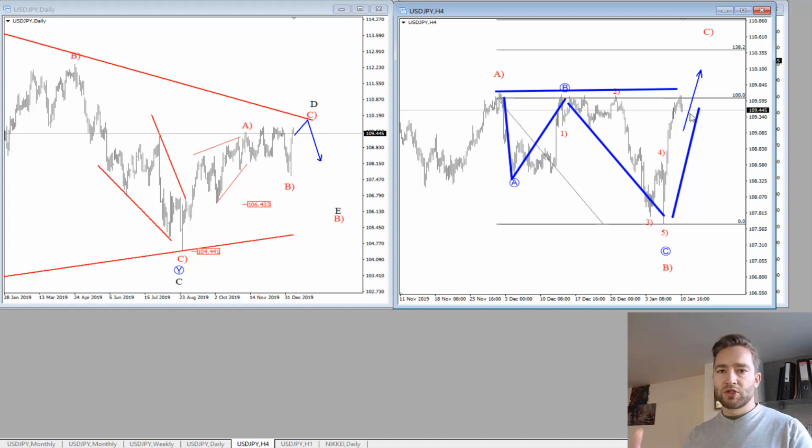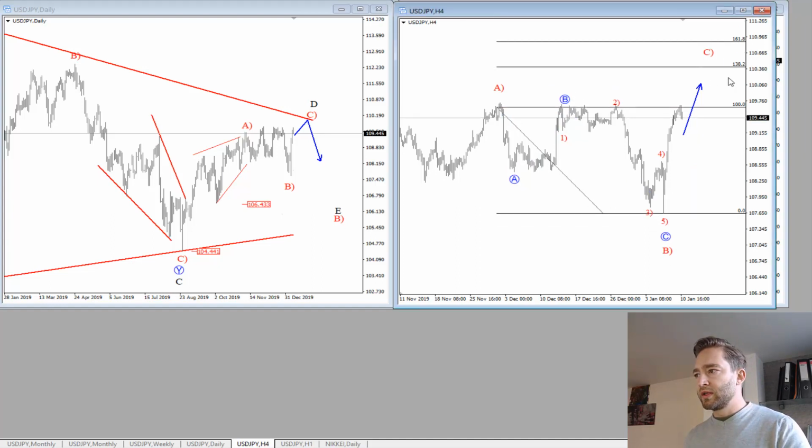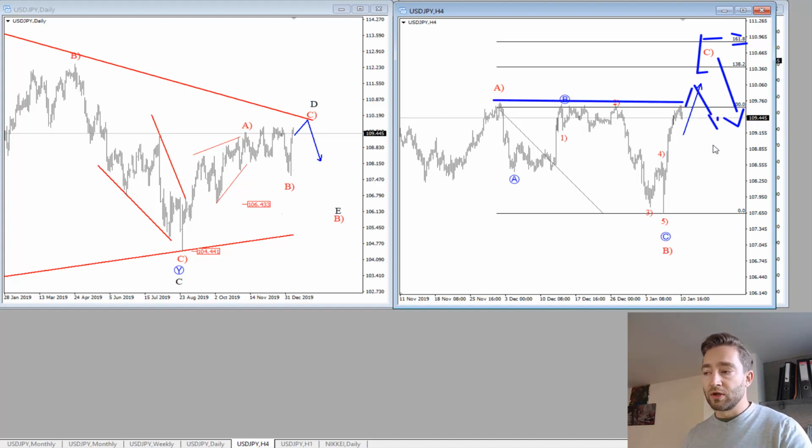So when a correction is finished, it should be fully retraced, meaning that more upside should occur here, as I said, towards this 110, maybe even 111, if I consider this fib extension, before the market turns lower. But when we reach these fib levels, be very careful and watch out for what will be happening on stocks, because if stocks come to the downside, then maybe this will be just a spike to a new high, and then we see a reversal.